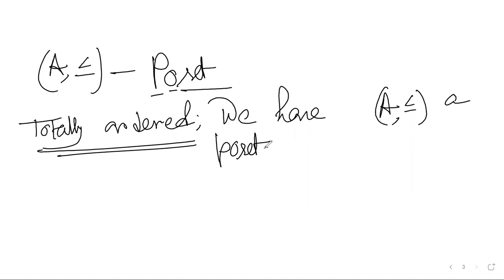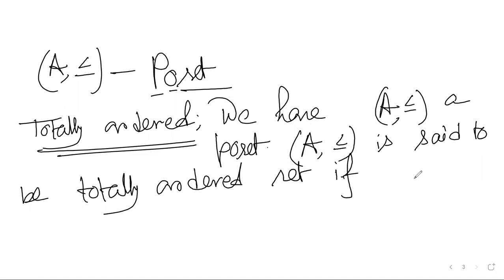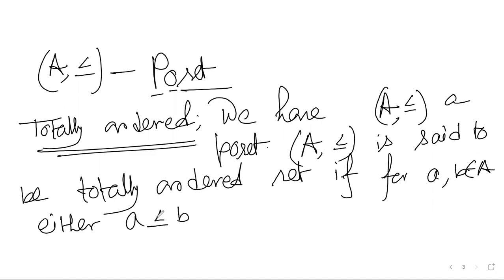Now this poset is said to be a totally ordered set if for any a and b belonging to A, either a is less than or equal to b or b is less than or equal to a.